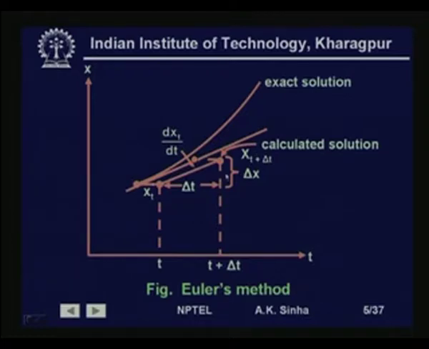But what we find here is, if we take this as the solution, we will get this as the next point that we have. Now, the actual point, if we see at this time, will be this one. So, we are somewhat away from the solution if we take larger time steps.